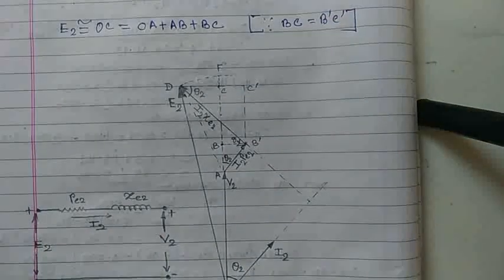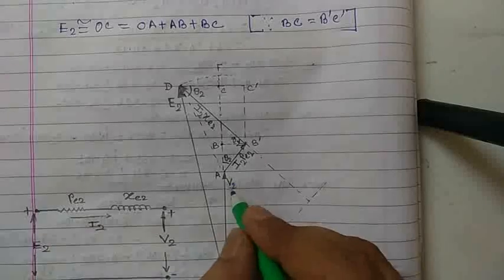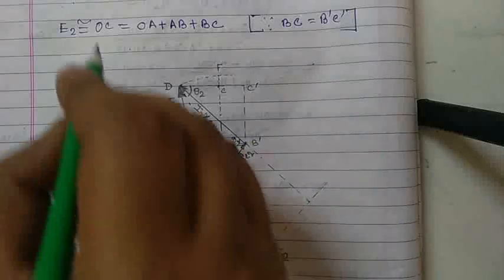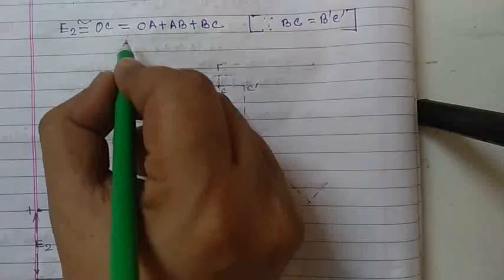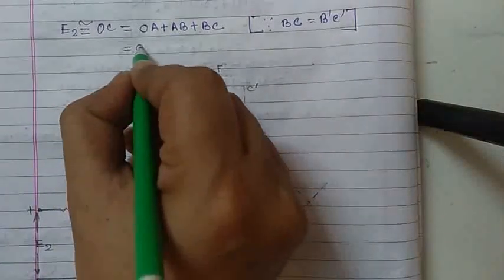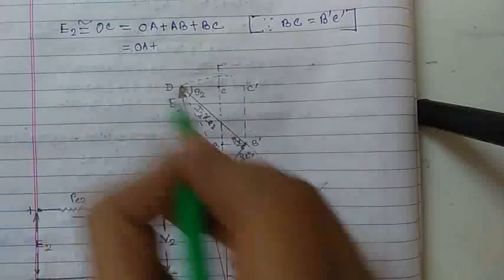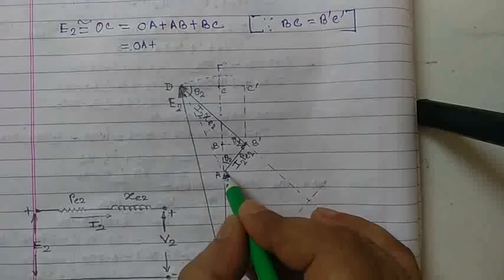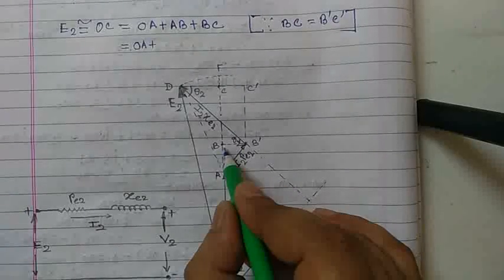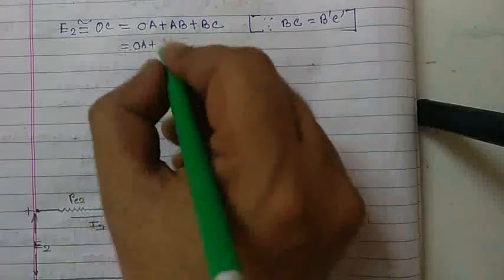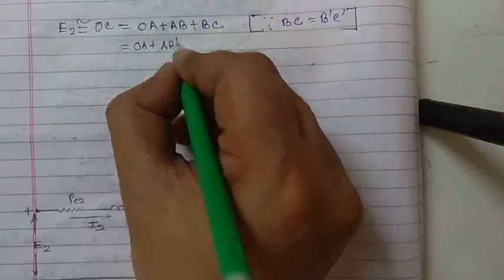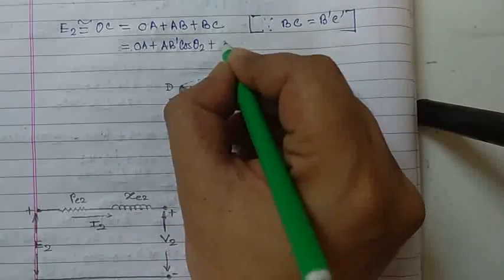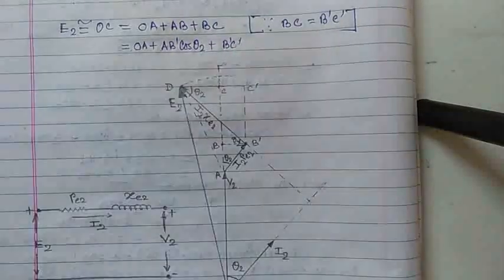Very simple. Now look at the phasor diagram very carefully. First E2 equals OA. Now AB is nothing but A B dash cos theta 2, and BC is nothing but B dash C dash.